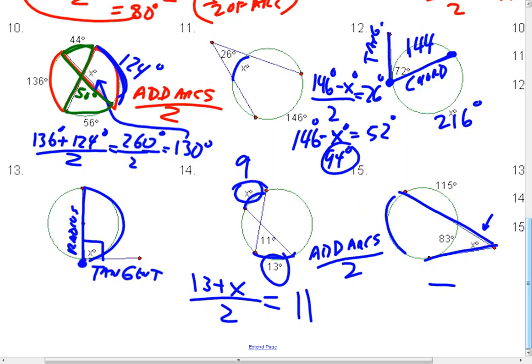How's that? Is that right? Yeah. Do a little subtraction. 162, 83. What's that? 79.